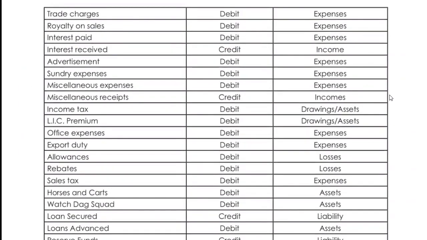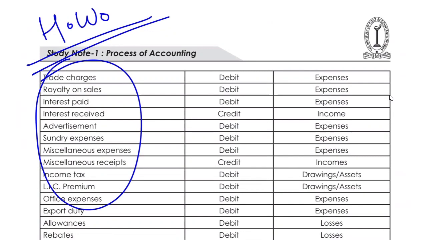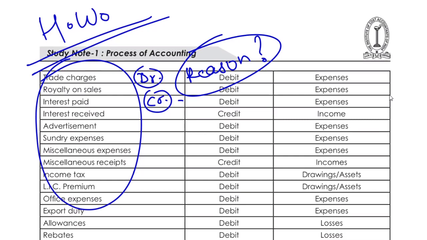So just see the account name and then judge whether it should be a debit balance or a credit balance and what is the reason behind it. If all the accounts which you have seen here are matching, your concepts are very, very clear. If not, do ask me. I will tell you the reason and then we can discuss it and clear your doubts.